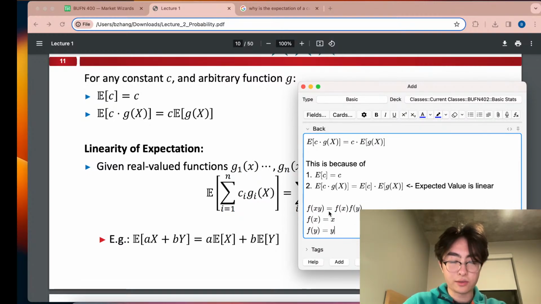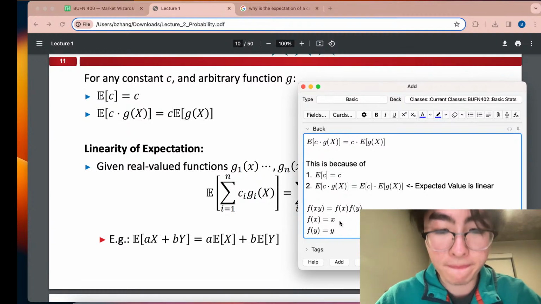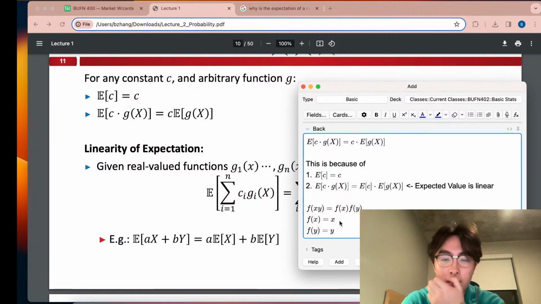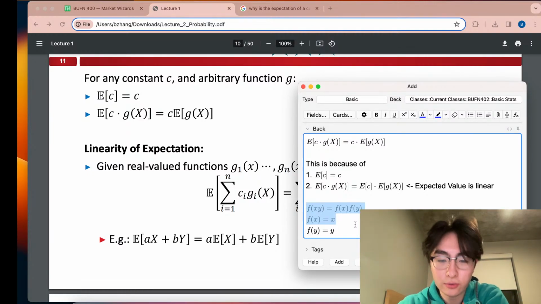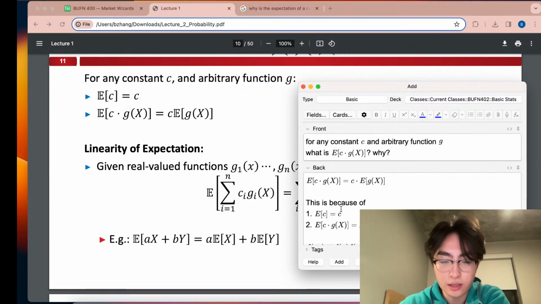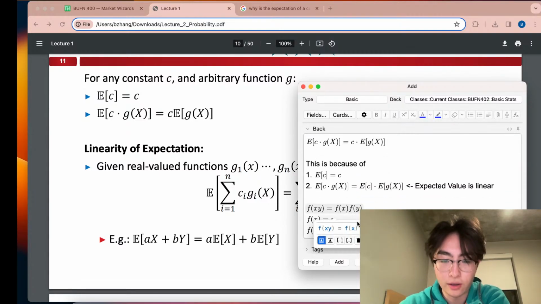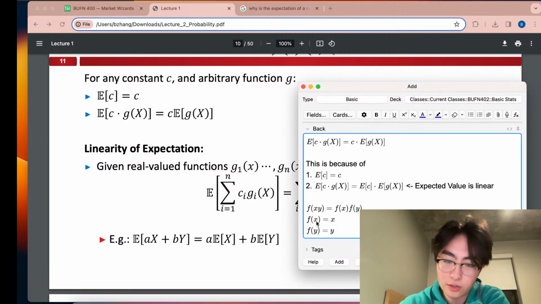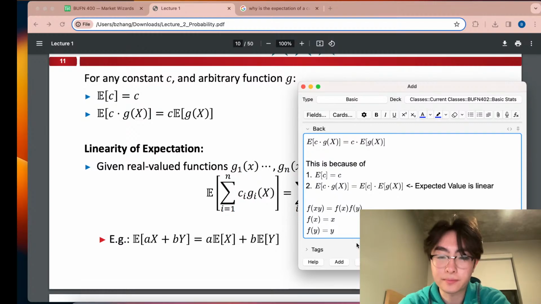So f of x times y. I think this is like a general form. So this is saying that if you have function f and you input the product of two variables x and y, that's exactly equal to the product of f of x and f of y. And so maybe this suggests that f of x is equal to x and f of y is equal to y.